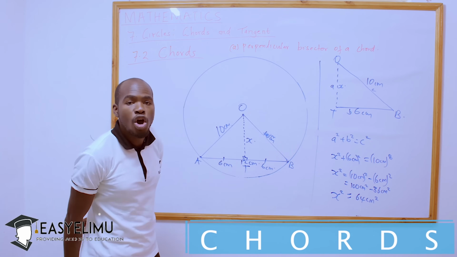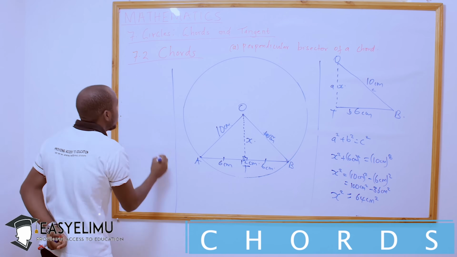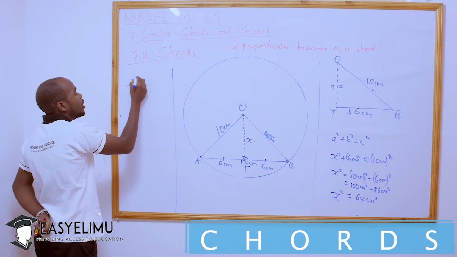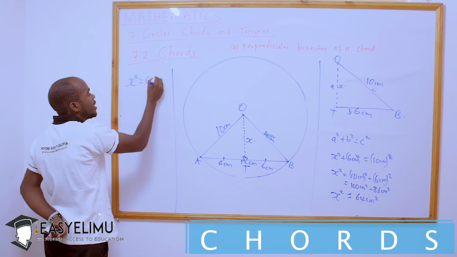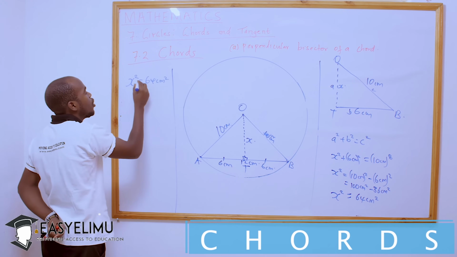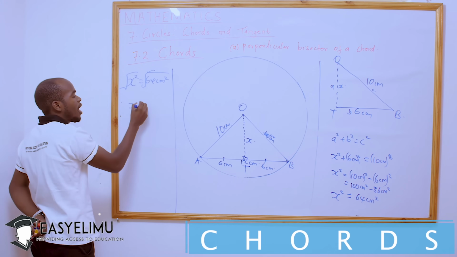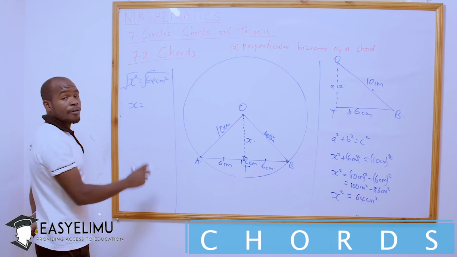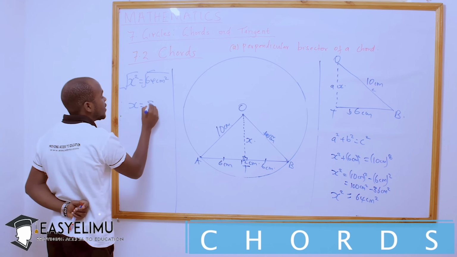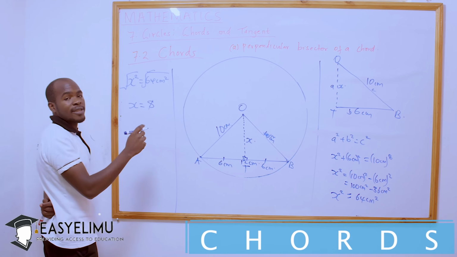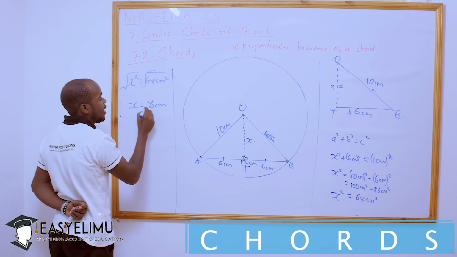If you need only x, then you have to find the square root on both sides. So x is the square root of 64, which is 8, and the square root of square centimeters is centimeters, so x is 8 centimeters.